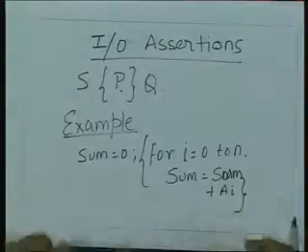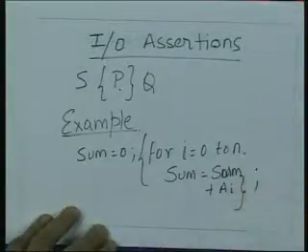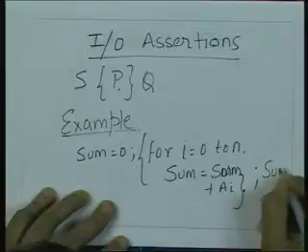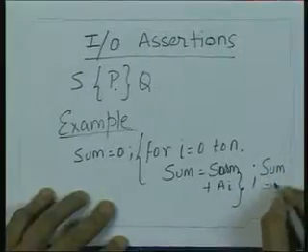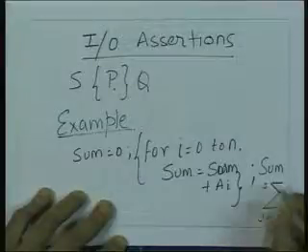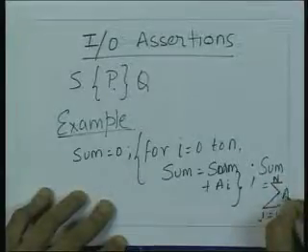So this is the definition of the program that is going to run, and after the program is executed, a certain condition is going to hold true, and that condition in this case is sum equals the sum over j equals 1 to n of a_j.